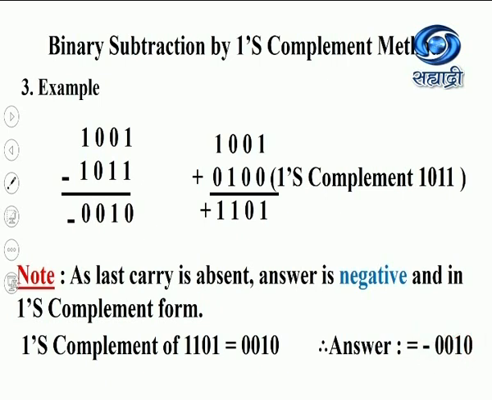This is the answer by the ones complement method, and by the direct method we have the same result with the same sign. That is, the result we get is also negative.